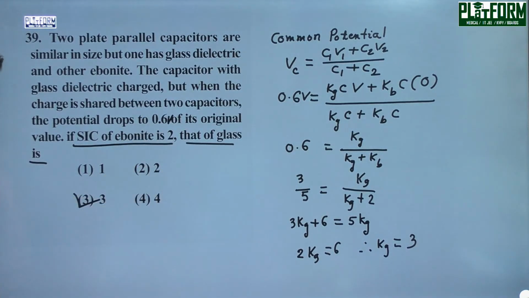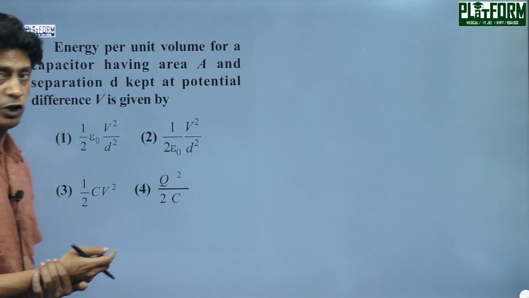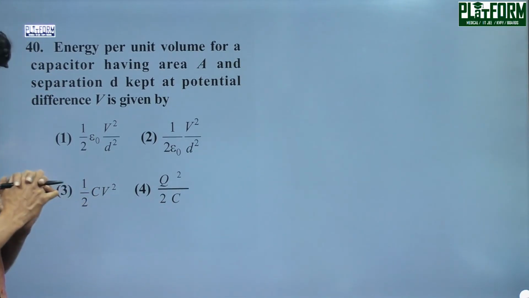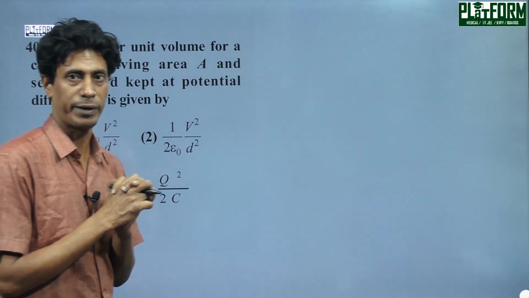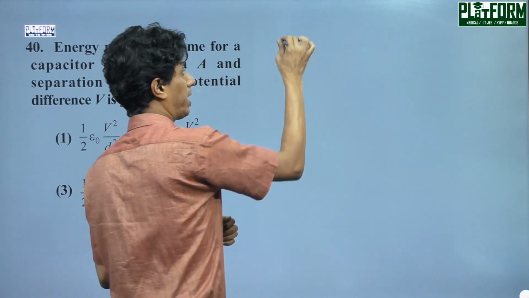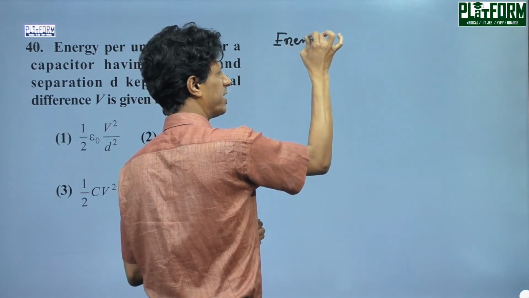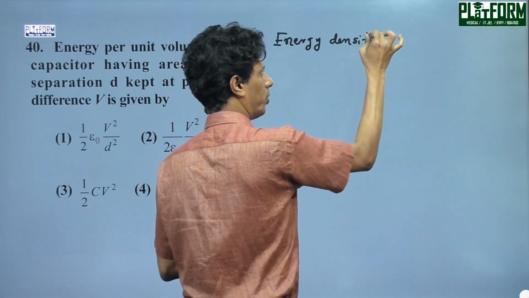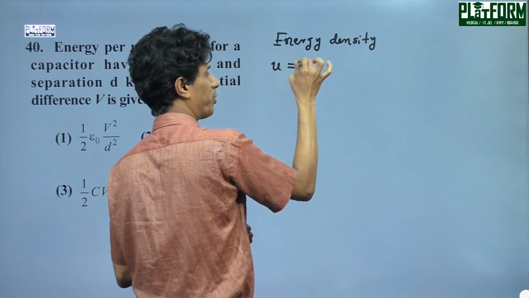Next problem of this journey. Energy per unit volume for a capacitor having area A and separation D, kept at potential difference V, is given by. We know energy density means energy per unit volume.